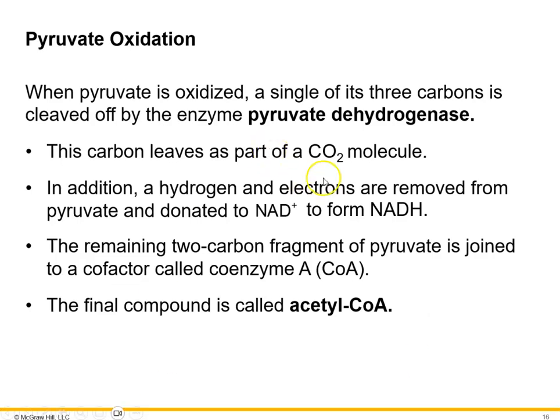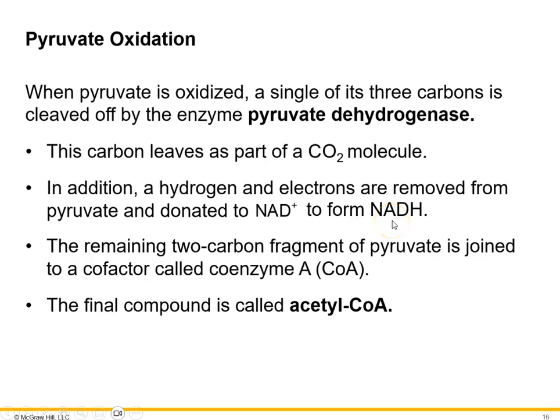So the carbon is donated to this oxygen. So we've got CO2 leaving. In addition, a hydrogen and electrons are removed from pyruvate and donated to NAD+. So we take off a hydrogen from our molecule, give it to NAD+, and get NADH.